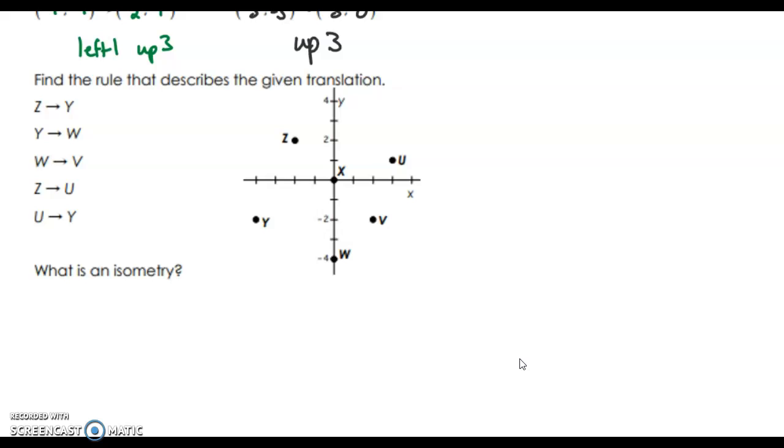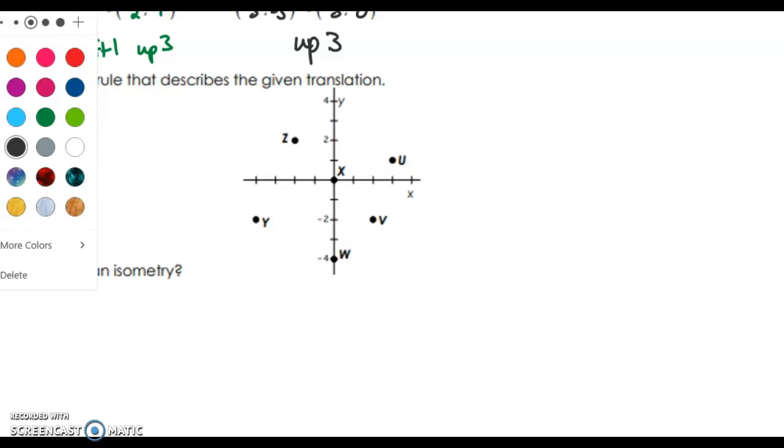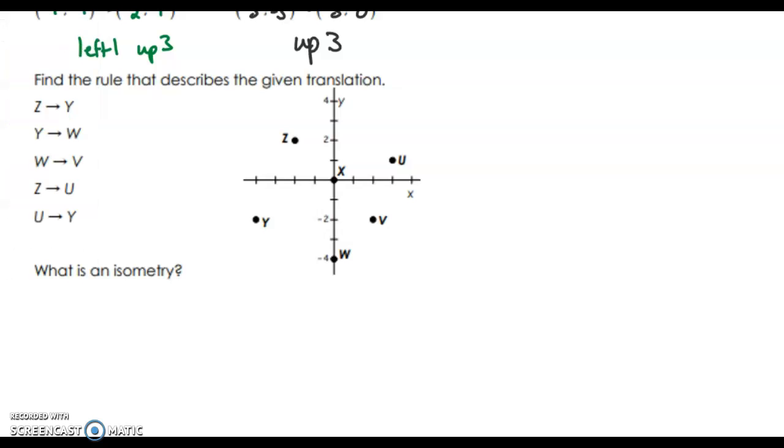So you can always easily write a rule that describes a translation from one point to another point. So let's look here. We have z to y. So we're going from z to y. All right, so if you look, we're going left 2, all right, and down 4.